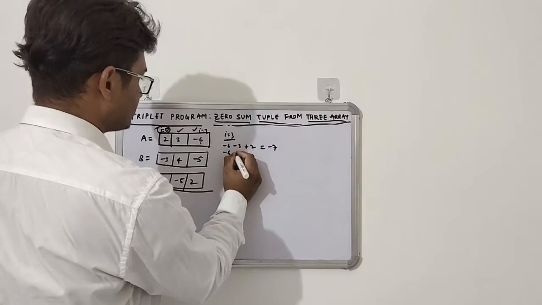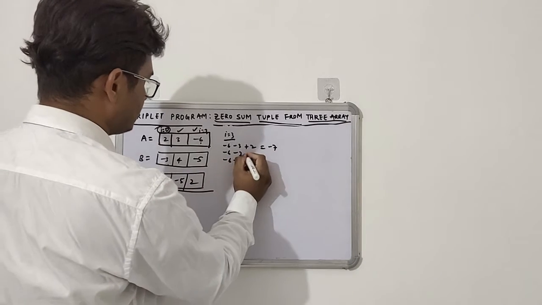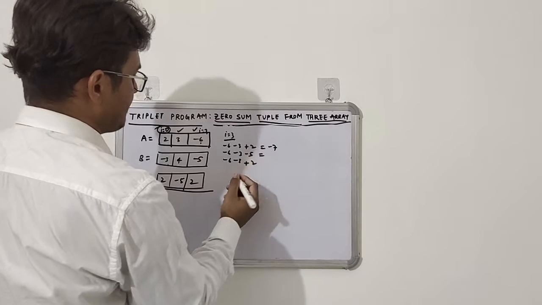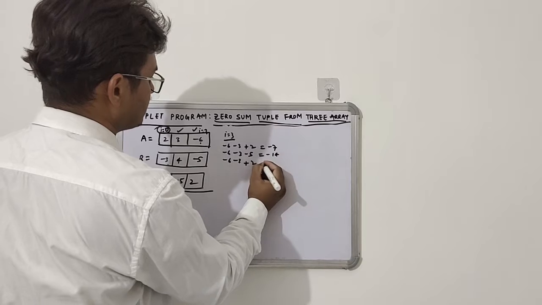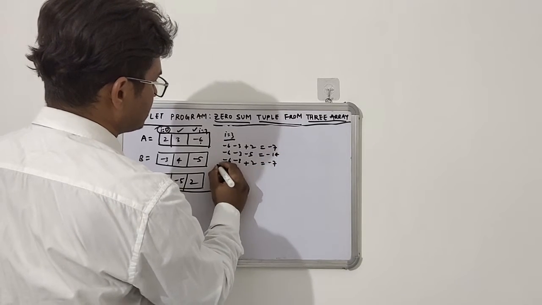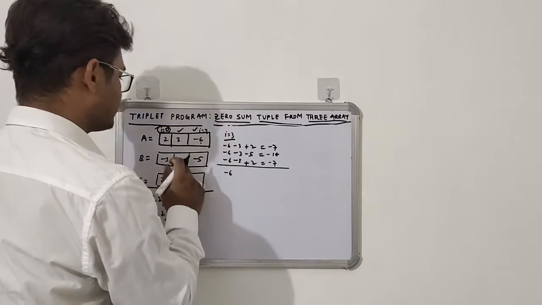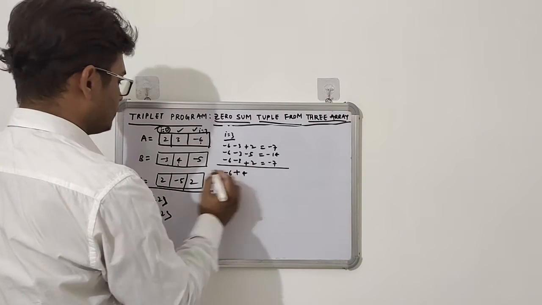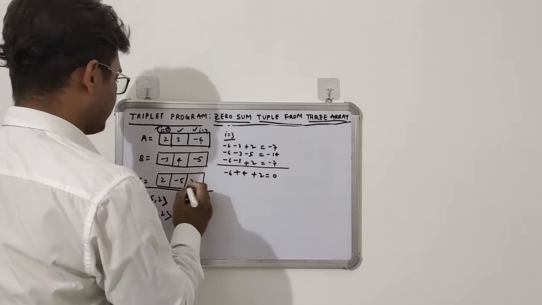Again minus 6 minus 3 minus 5, this will be minus 14 and this is minus 9 plus 2, minus 7. Okay, now we will take minus 6 and for this 4 plus 2, this will be 0, right?